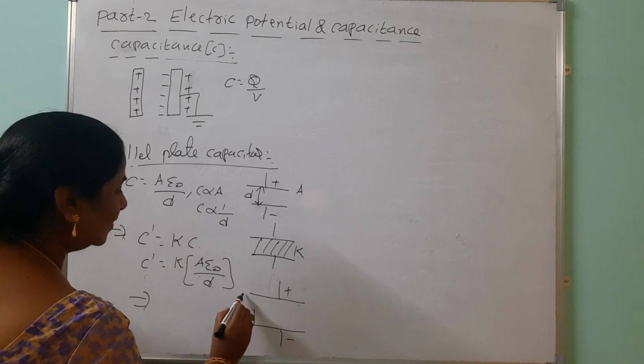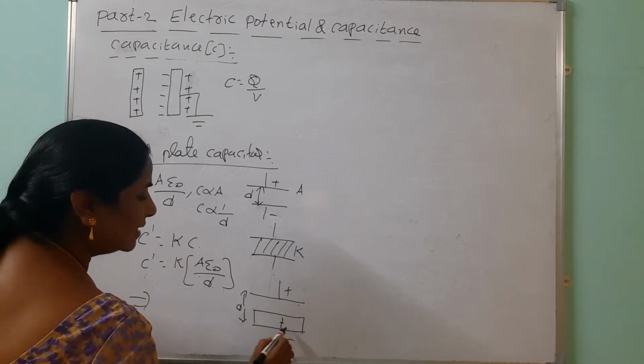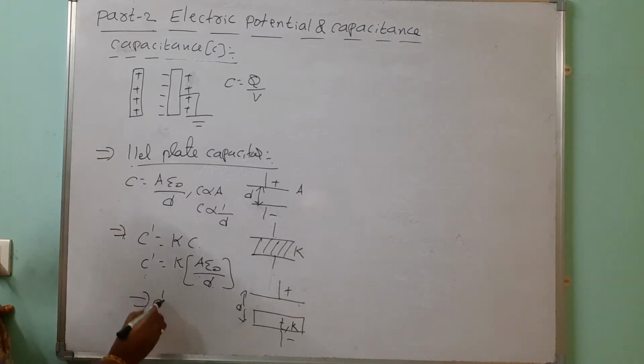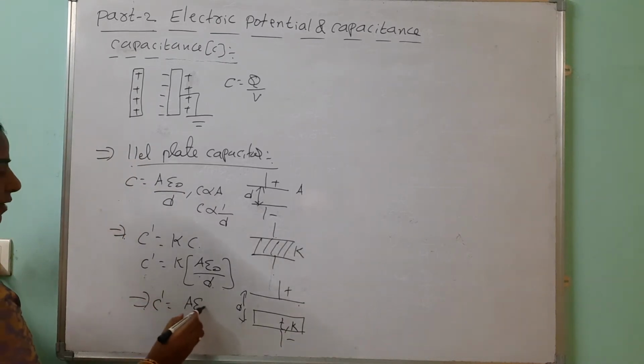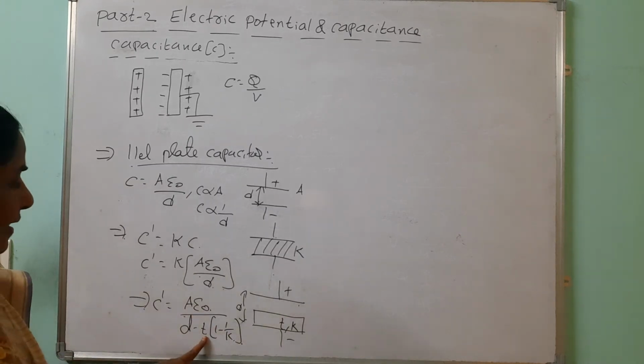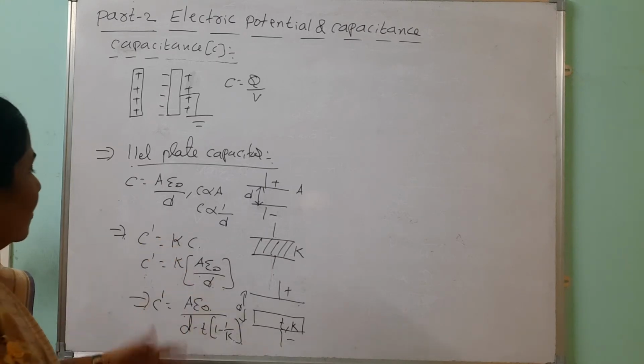Instead of the entire gap, you fill only a little bit. The thickness is T and the dielectric constant is K. Here what is the capacitance? C dash equals A into epsilon naught by D minus T into 1 minus 1 by K. This is the formula. T is the thickness, and D is the gap between the two plates. Then easily you can do the calculations.